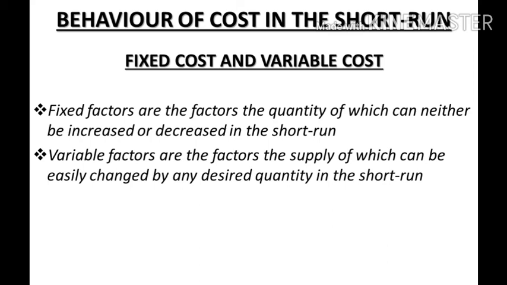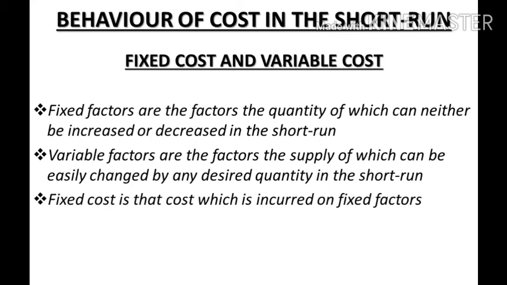Fixed cost is the cost which is incurred on fixed factors. For example, the salary of the permanent staff, interest on the borrowed capital, rent on the factory building, these are all fixed expenditures of the firm and they are known as fixed cost.